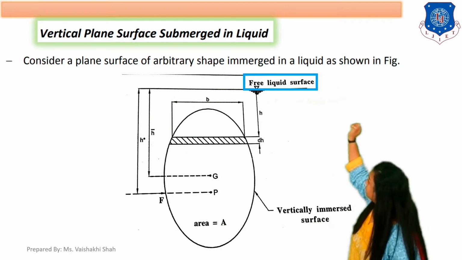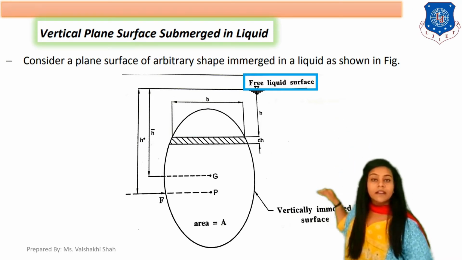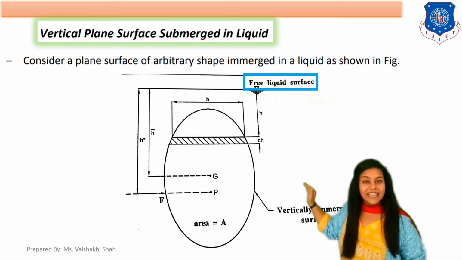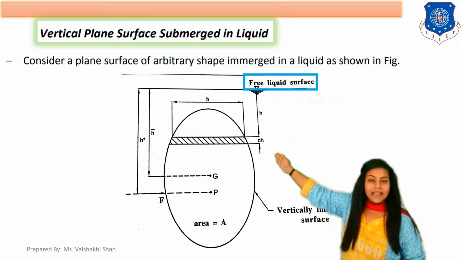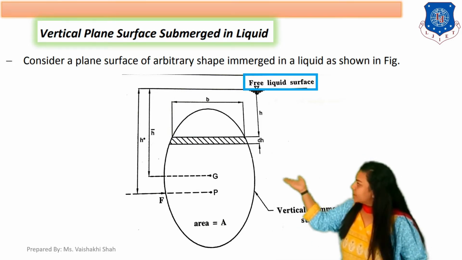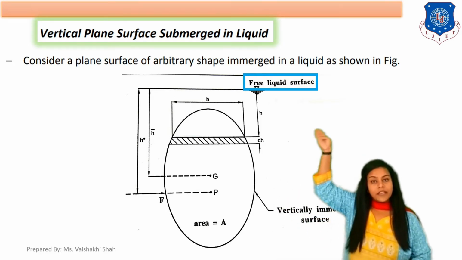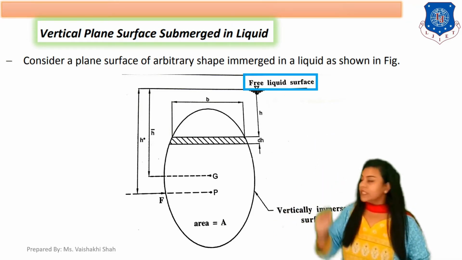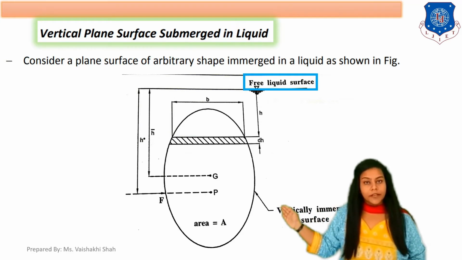Now from free surface of the liquid, the distance of center of pressure, P point, is indicated as h star. You can clearly see that in figure. H bar is the distance of free surface to center of gravity, and h star is the distance between free surface to center of pressure.